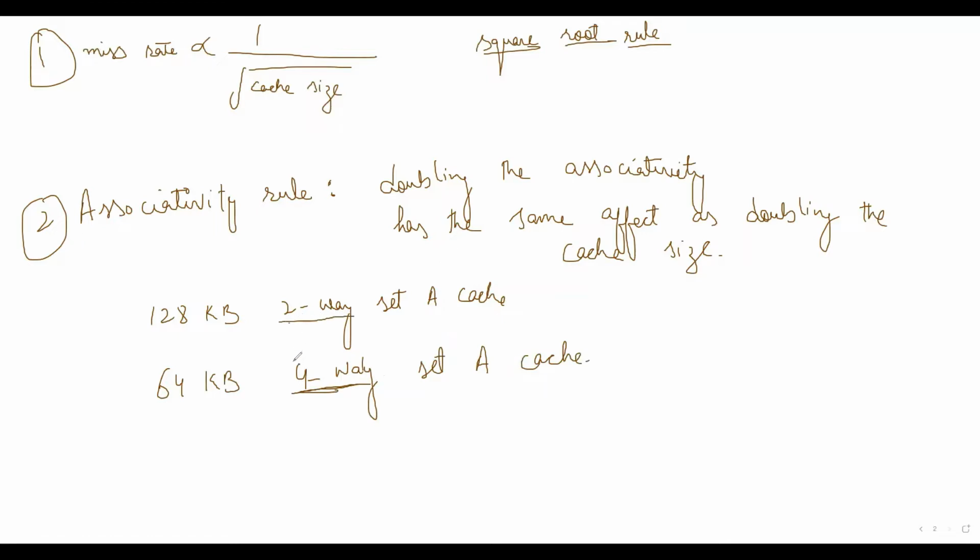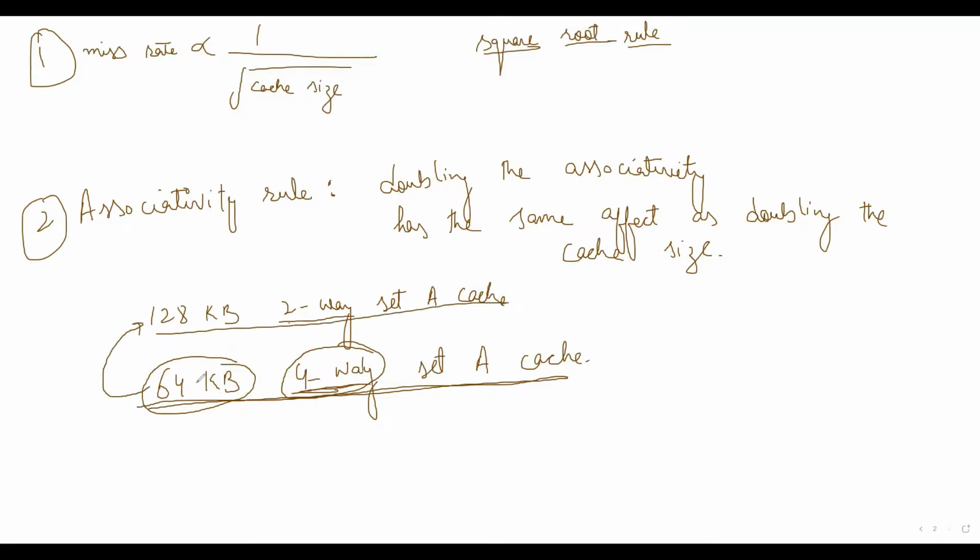Here it was 2, here it is 4. So doubling the associativity has the same effect as doubling the cache size. So cache size was 64 KB, and this particular cache will have the same effect as that particular cache. It will be equivalent. Okay, so this is the associativity rule. And again, this rule does not have any mathematical proof. It is an empirical formula.